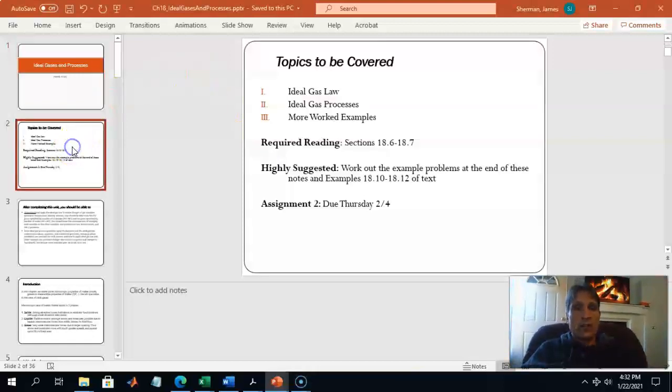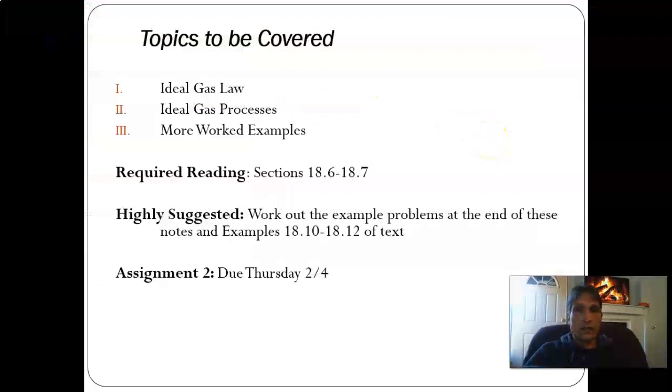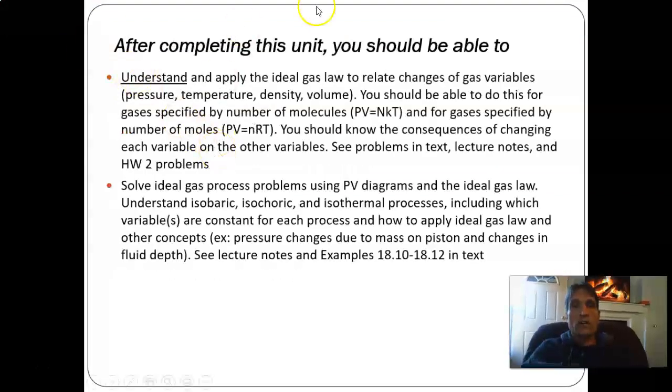So we're going to start off with the ideal gas law. Some of you might have seen this, and then we're going to discuss processes associated with ideal gases. Okay. And as always, I've included your learning objectives. After completing the notes and reading the chapter, here is what you should be able to do.